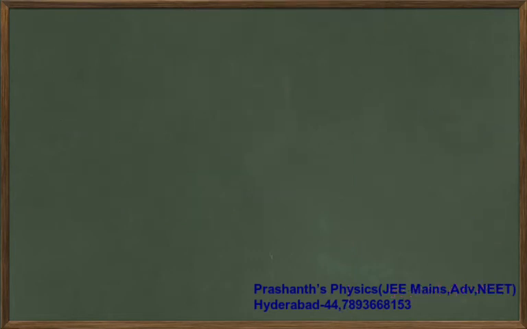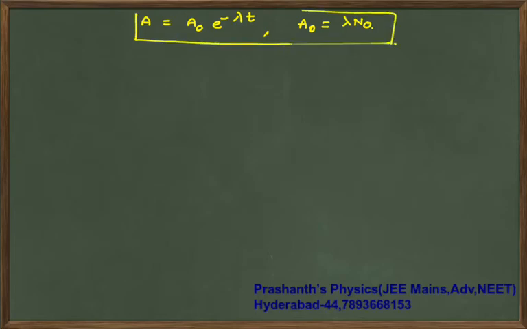So finally, what we have got is that your activity A is equal to A naught times e power minus lambda t, where A naught is lambda times N naught. This is your activity expression.